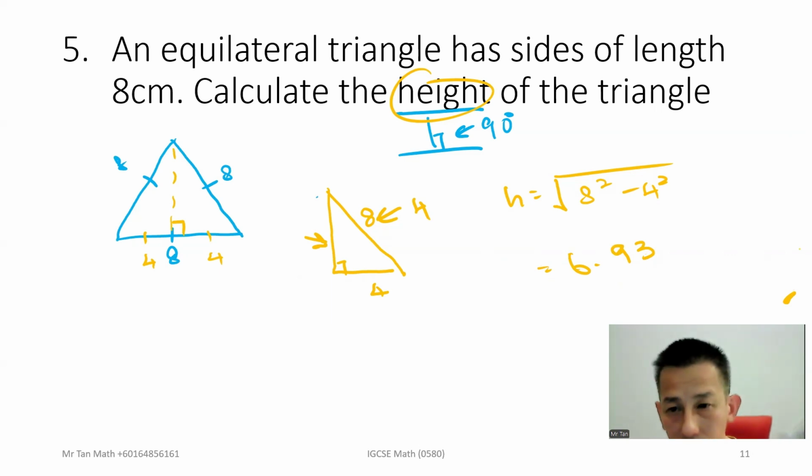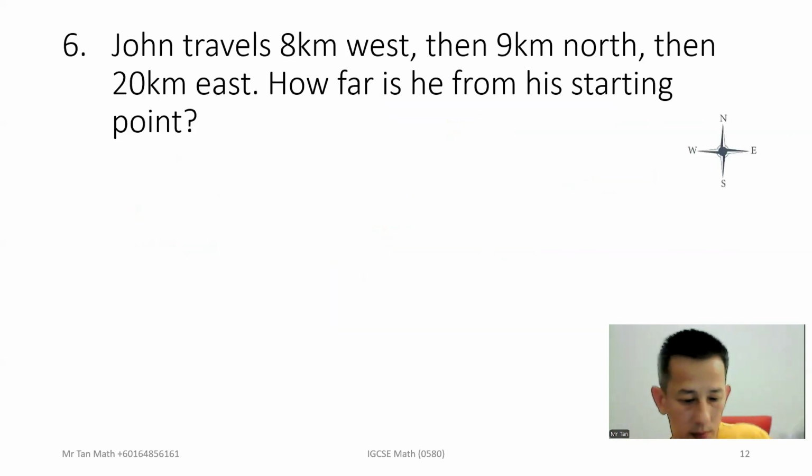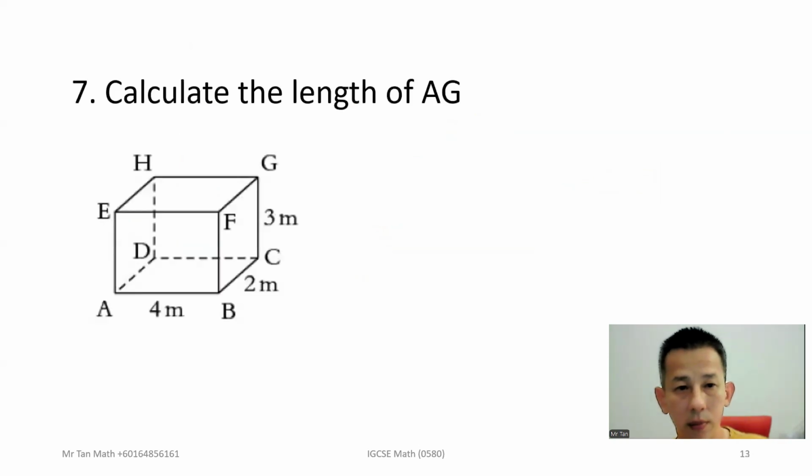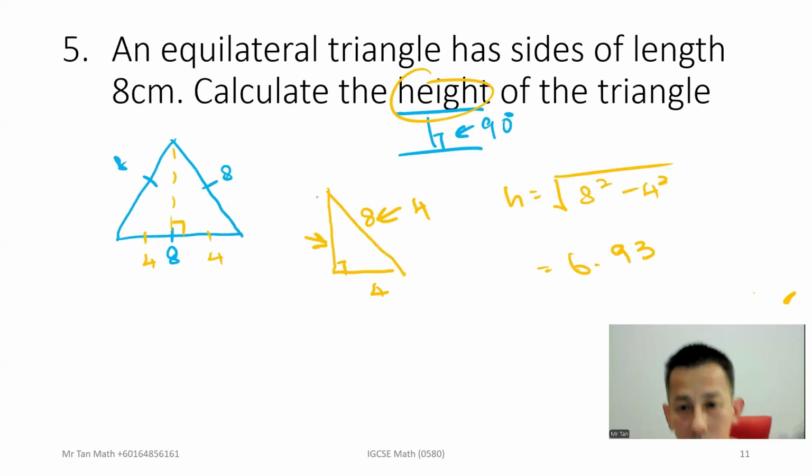Or this is equivalent to 4 root 3. If the question asks for exact value, then you take 4 root 3. This is the exact value. This is 2 decimal places.